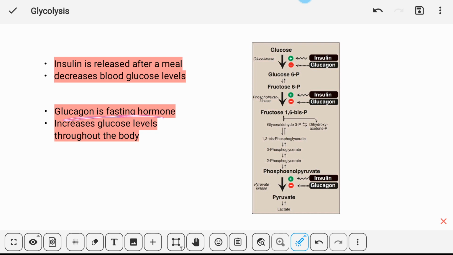Glucagon is the main fasting hormone which increases blood glucose levels throughout the body. These are the three regulated steps of glycolysis. Insulin will activate each of the regulated steps, whereas glucagon will inactivate each of the regulated steps.